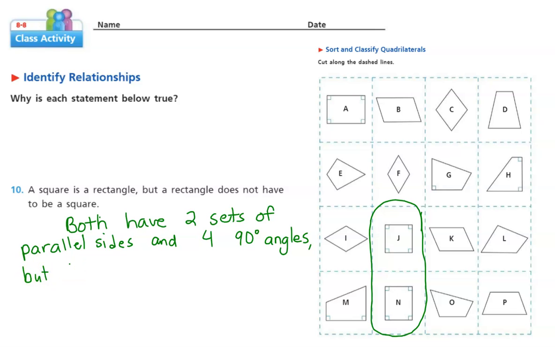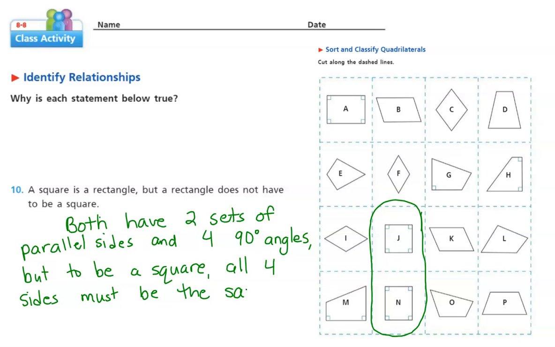But to be a square, all 4 sides must be the same. I guess I should say same length, but you get the idea. Okay, again, pause if you didn't get there, but I'm going to go ahead and move on.